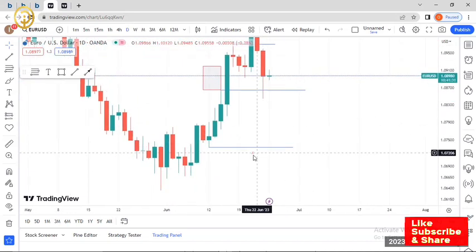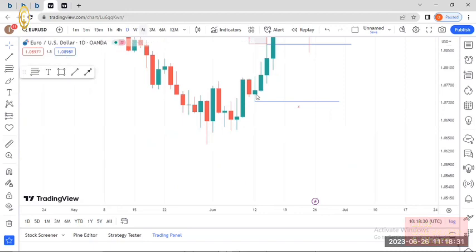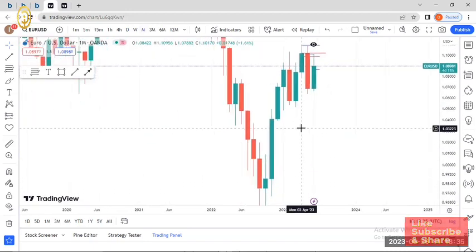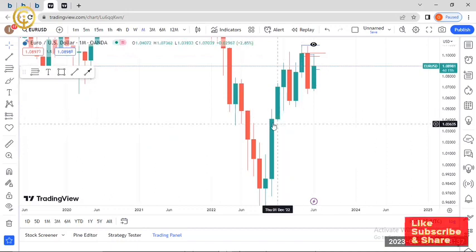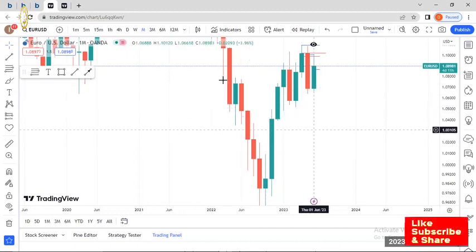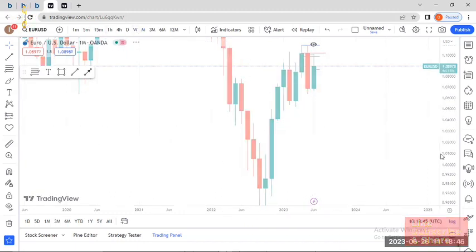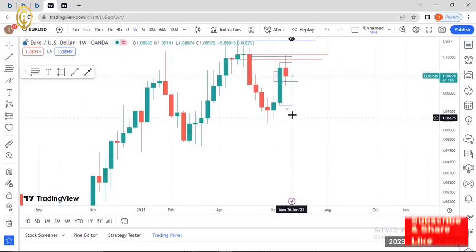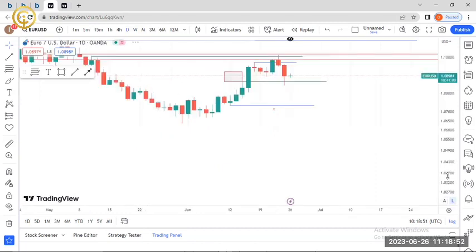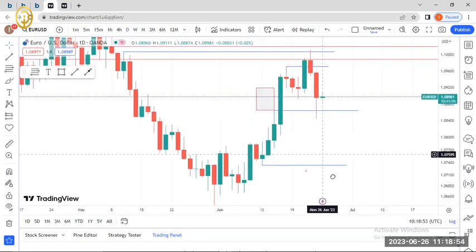If this is taken out, then the market is going for the monthly consequent encroachment, at least at this level. So we look at this, and this is entering into this fair value gap. That will be our next draw on liquidity if we see this weekly candle's low being taken out. But that's not why we are here. We are here to learn from history.